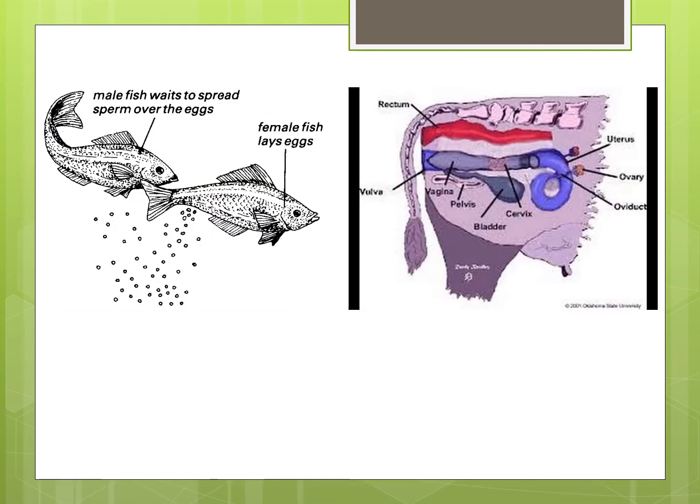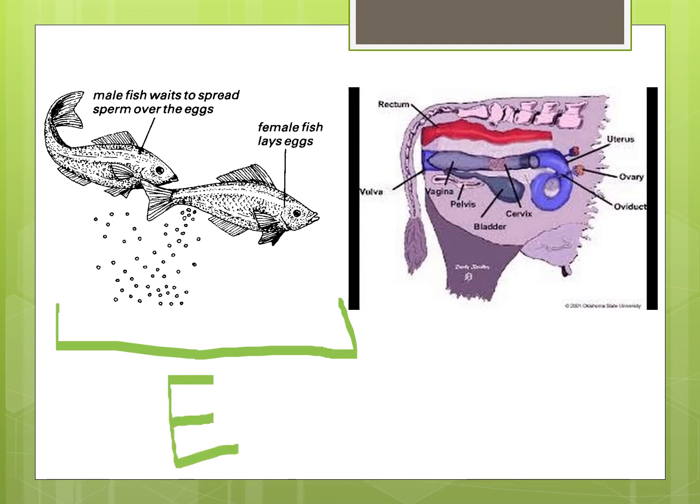On the left-hand side, we have an example of external fertilization. Remember, fertilization refers to the fusion of the nucleus of a sperm cell with the nucleus of an egg cell. Both of these nuclei are haploid. So during external fertilization, your male fish will produce a large number of sperm cells, which will be released into the water.